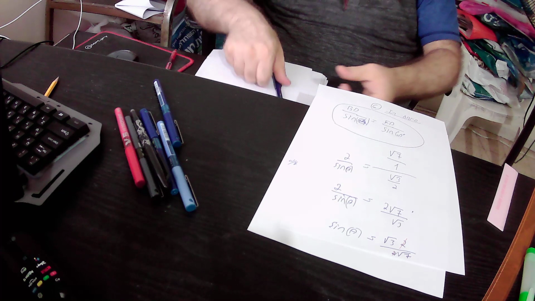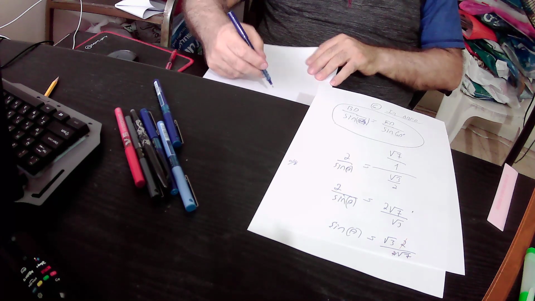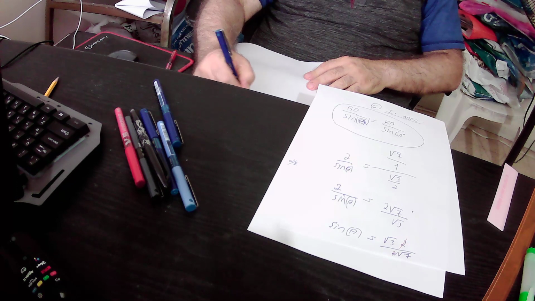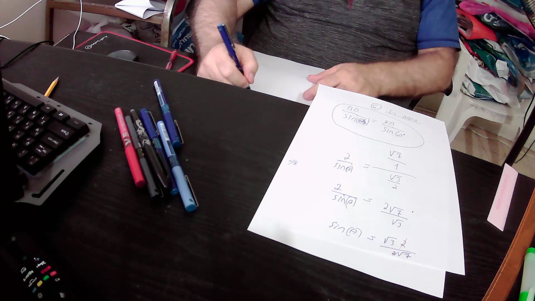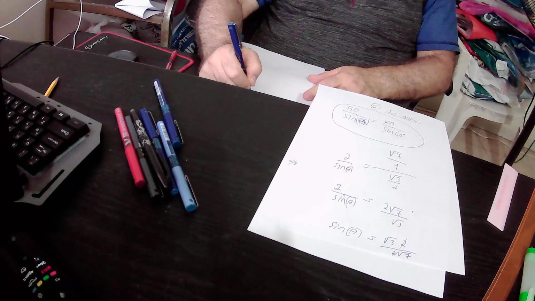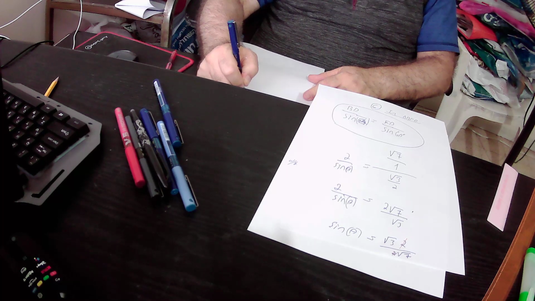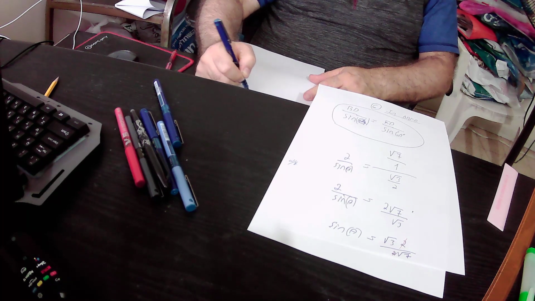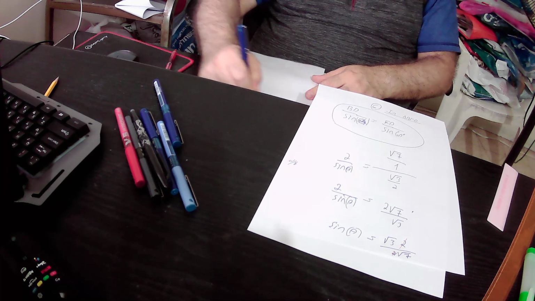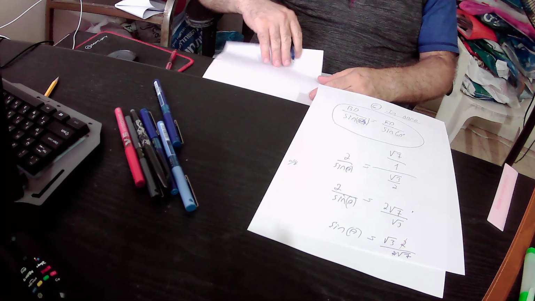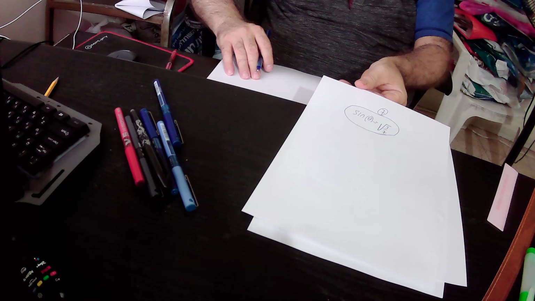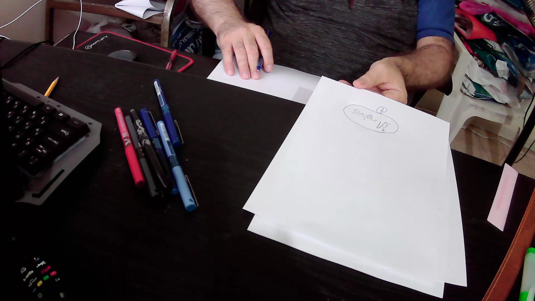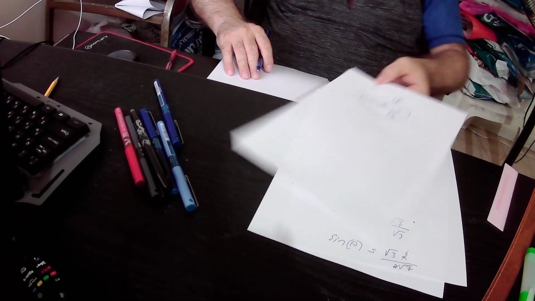So in total we got that the value of sine theta is root 3 over root 7, which is the root of 3 over 7.